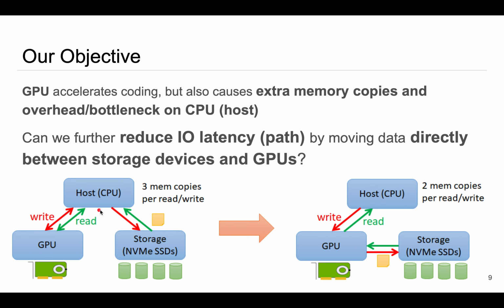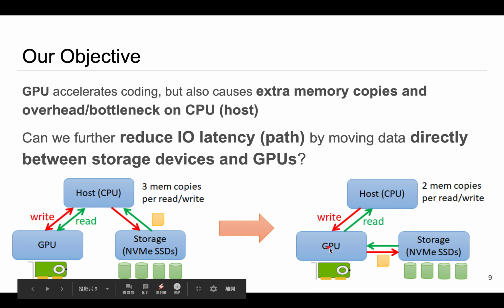As the GPU speed grows much faster than the I/O bus bandwidth, we could spend a significant portion of time on data transfer instead of computing and waste GPU power. Therefore, the goal of our work is to reduce the I/O delay by exploring the latest GPU technique to move data directly between GPU and storage devices, as shown by the figure on the right.